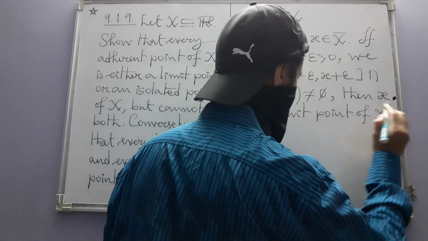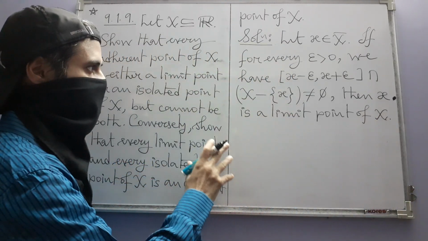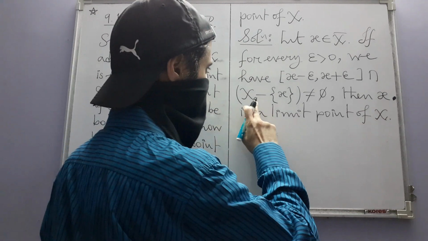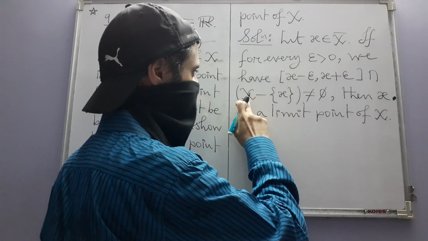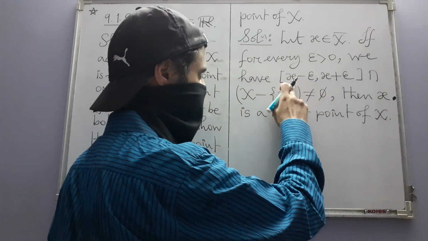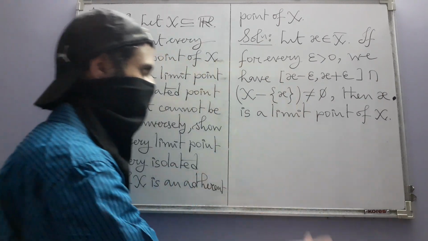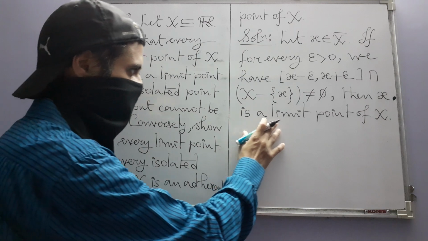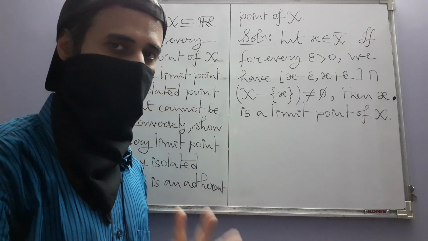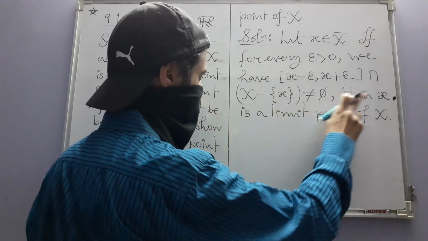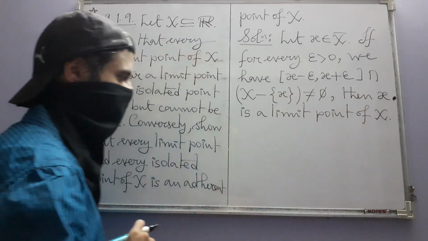That's because what does this intersection being non-empty mean? It means that there is at least one element in capital X other than small x whose distance from small x does not exceed epsilon. And that is simply the definition of a point being a limit point of some set. So if this happens, then our small x is a limit point of X.